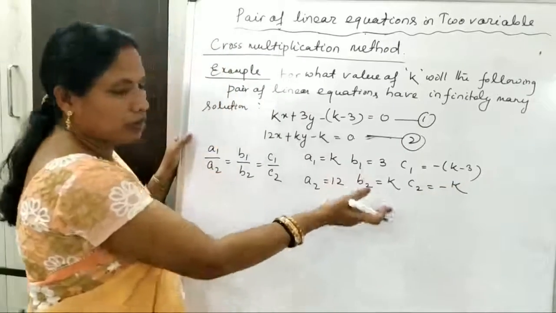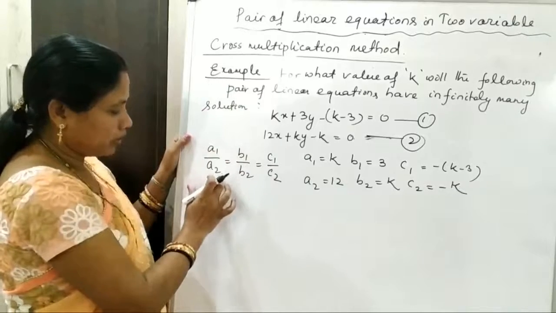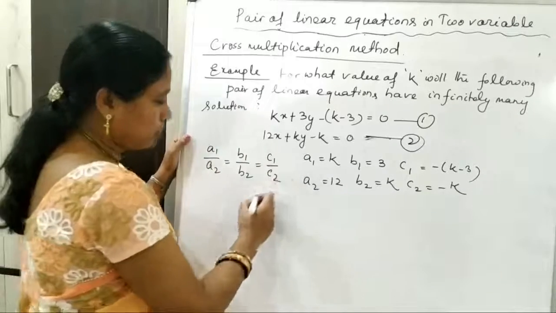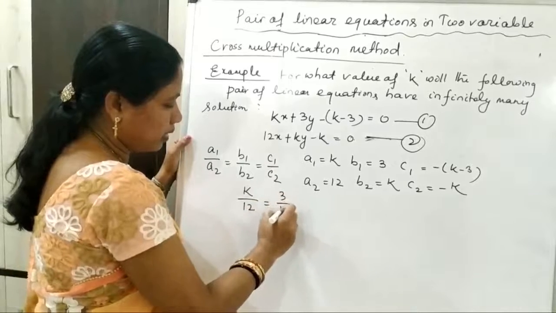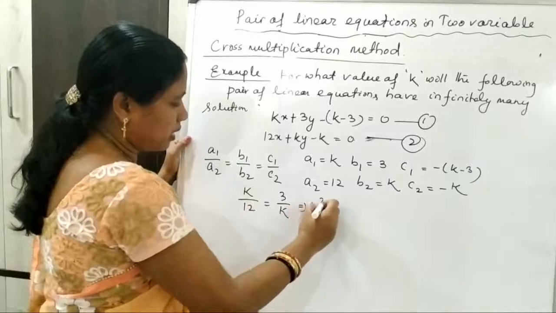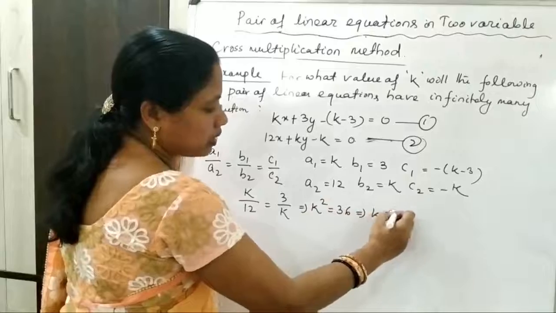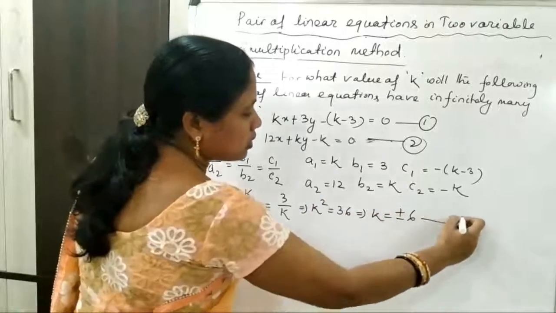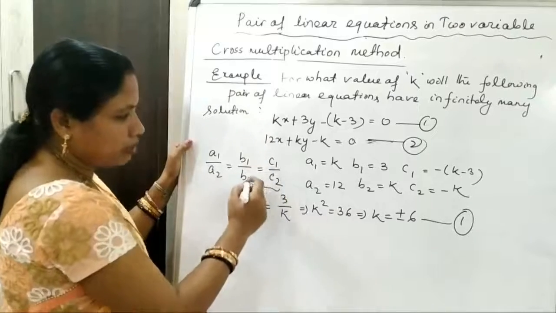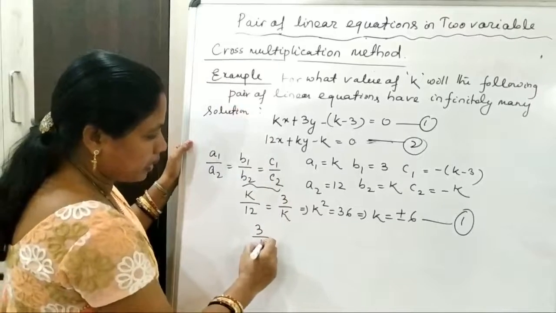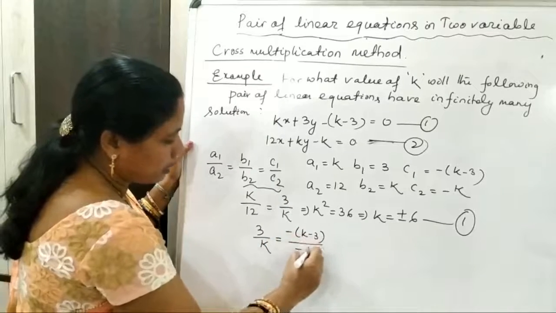Then we will put the values. First we will take these two: A1 by A2 is equal to B1 by B2. So k by 12 is equal to 3 by k. So this implies k square is equal to 36, or k is equal to plus or minus 6. So this is our finding 1. Then for these two, B1 by B2: 3 by k is equal to minus k minus 3 by minus k.